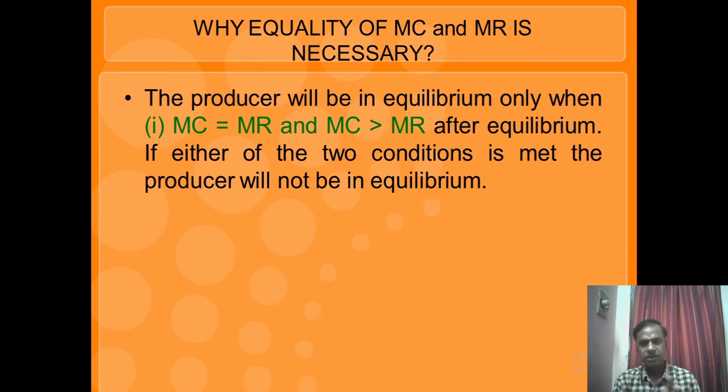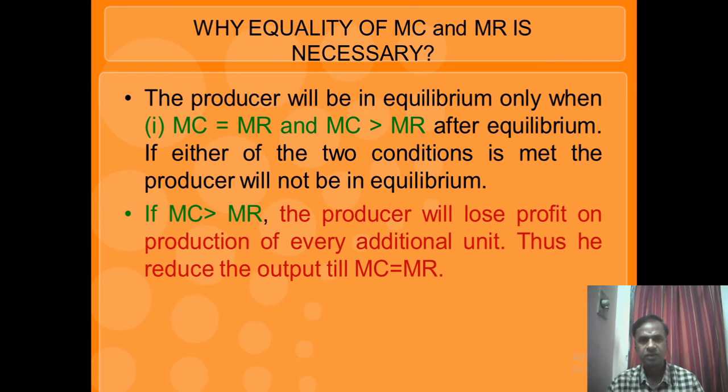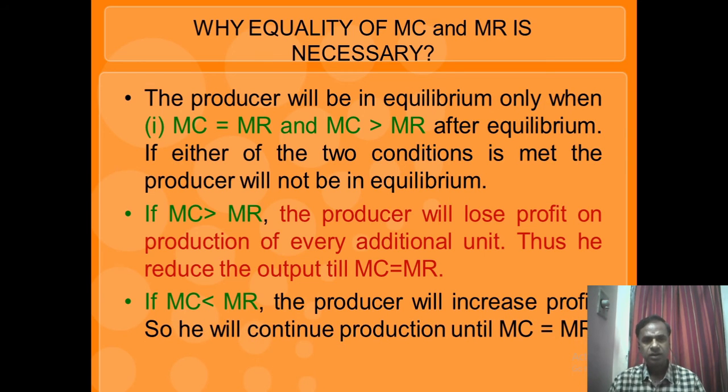If any of the two conditions are not met, the producer will not be in equilibrium. Both conditions should be met. If MC is greater than MR, cost is more than revenue, the producer will lose profit. So he will reduce output until MC is equal to MR. If MC is less than MR, he will get more profit.